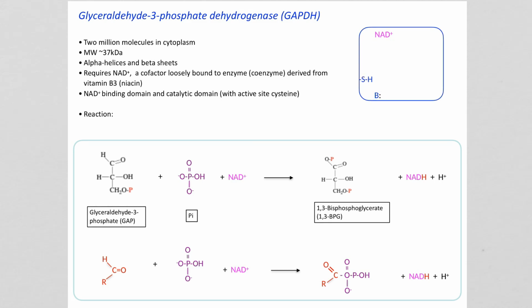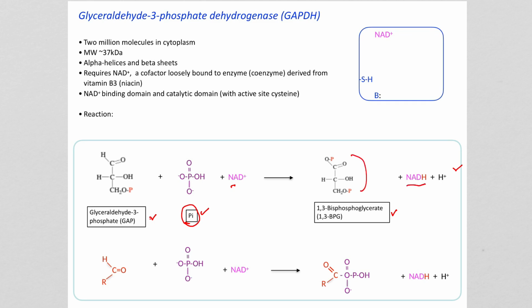The reaction catalyzed by GAPDH is shown here. Basically, glyceraldehyde-3-phosphate is a substrate, inorganic phosphate, that means a phosphate not connected to any carbon. We represent in biochemistry as Pi, and NAD will react to form 1,3-bisphosphoglycerate plus NADH.